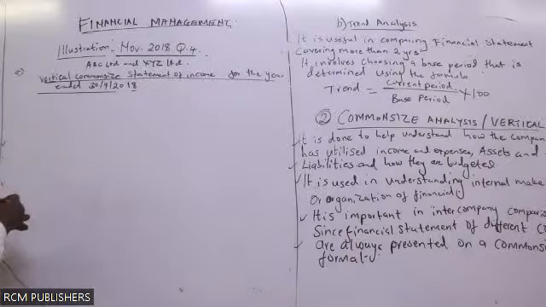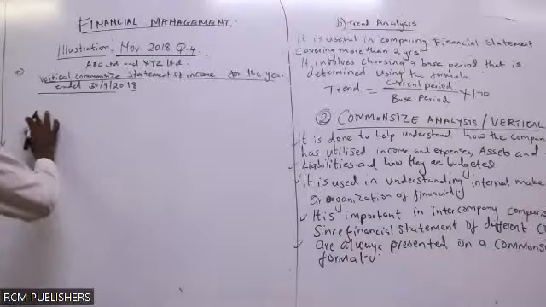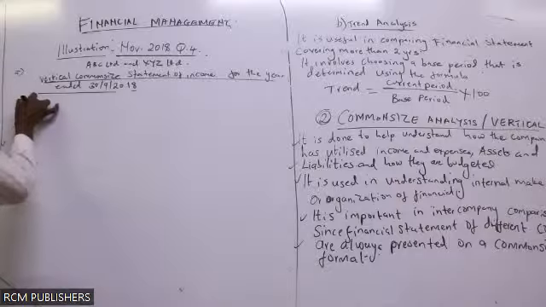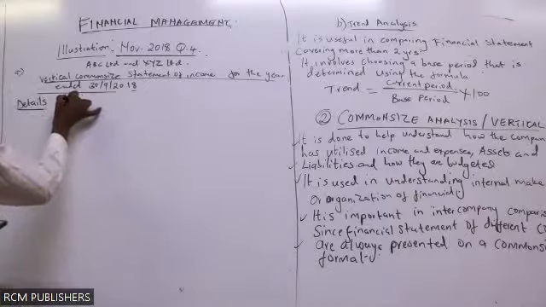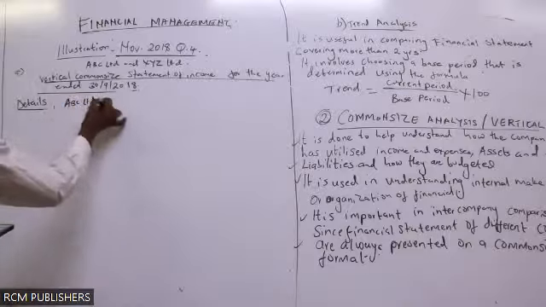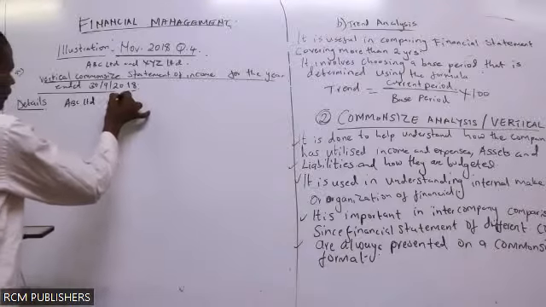So in this case, I start with my ABC Limited. So we have details. So I have ABC Limited. Then I have the percentage.